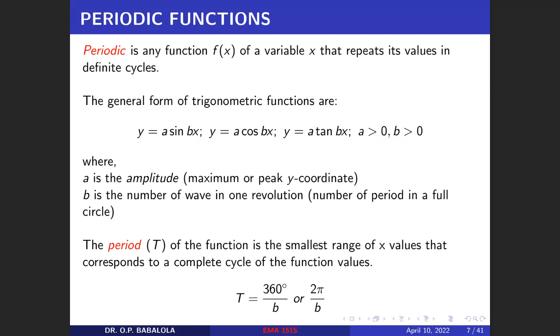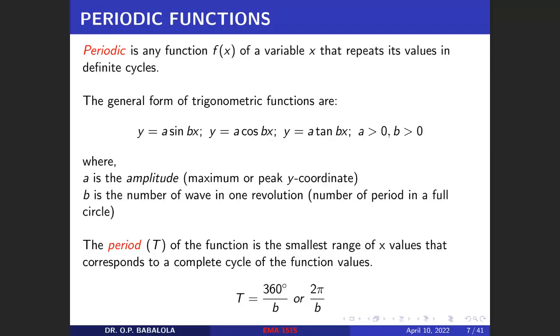It's the peak of the y coordinate, where b is the number of waves in one revolution. What that simply means is the number of periods in a full circle. Okay? And the period of the function is actually the smallest range of your x values that correspond to a complete cycle of the function value.